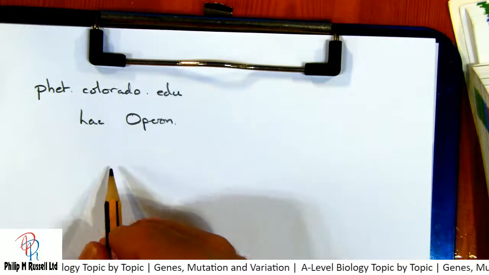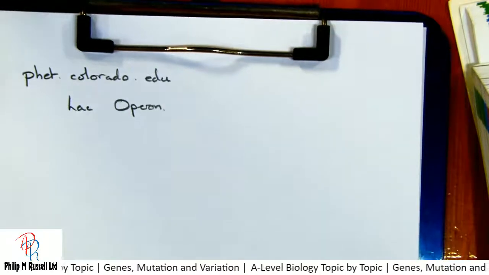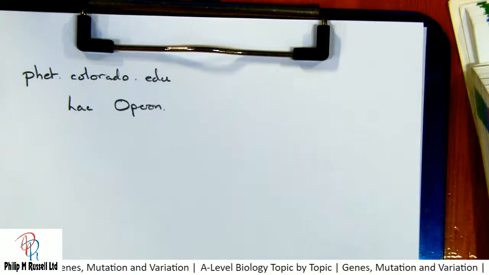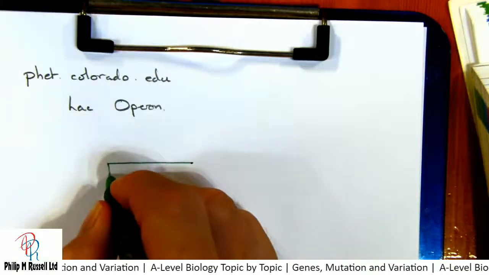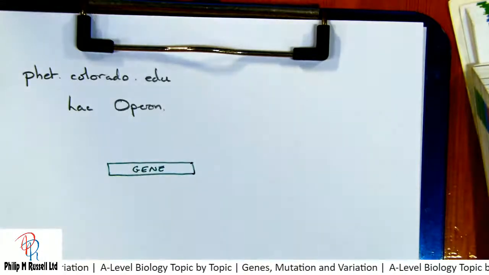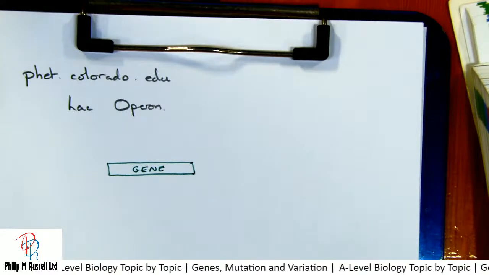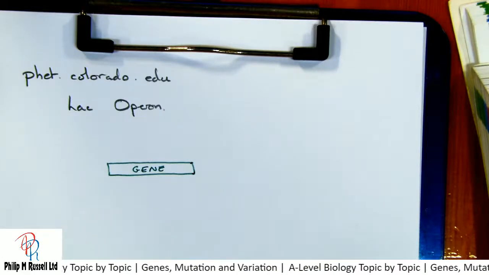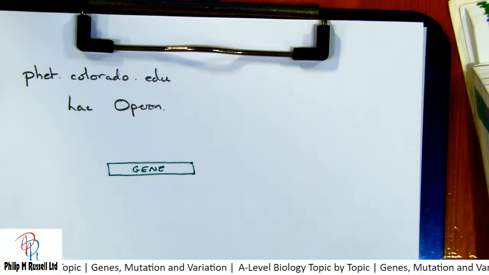Basically, the idea is very simple. So what we've got is a gene. So let's just draw out my gene. Here we've got my gene, and what I've got to have here is basically a promoter.